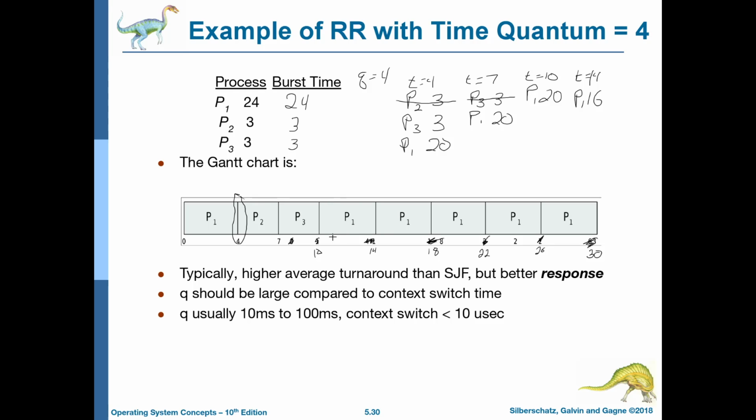So perhaps this is something that's important to do for a scheduler, and it will be extra credit for this particular assignment. Now, the time quantum is usually 10 to 100 milliseconds, as long as context switches are less than 10 microseconds. And this is fairly common in operating systems. Operating systems work very hard to make context switches very fast.